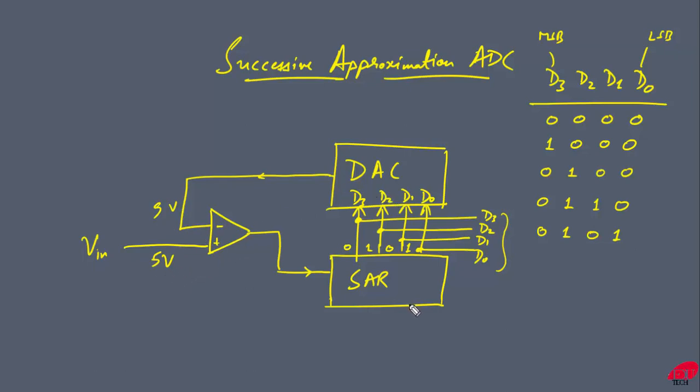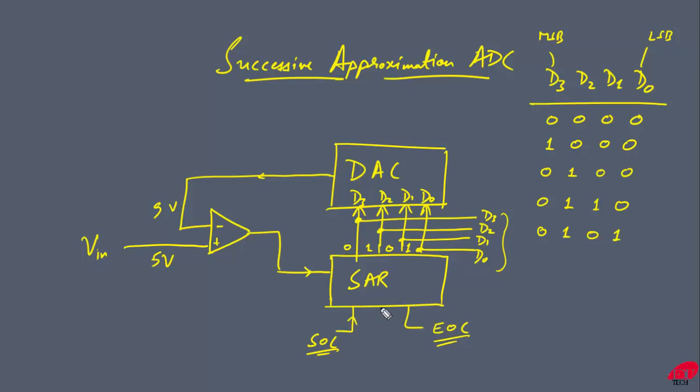Then the comparator will trigger the successive approximation register, and it will trigger the end of conversion bit, that is EOC, and there is also SOC, the start of conversion. So there are basically two bits. In order to start the ADC conversion, there is a bit known as start of conversion, and in order to end the conversion, there is an end of conversion bit.